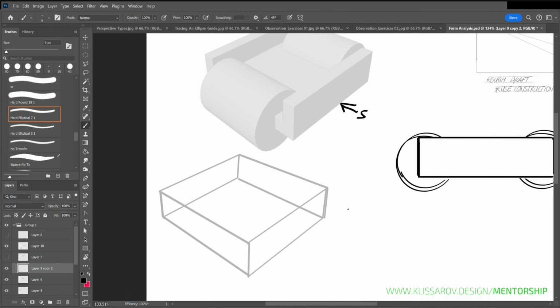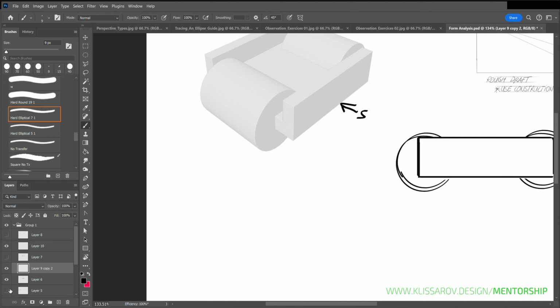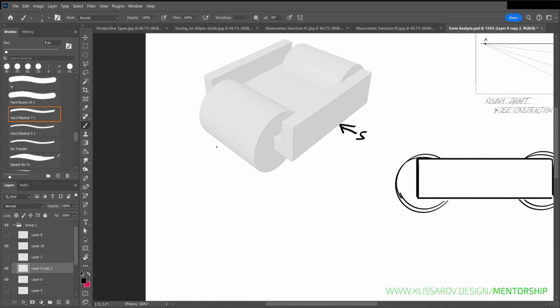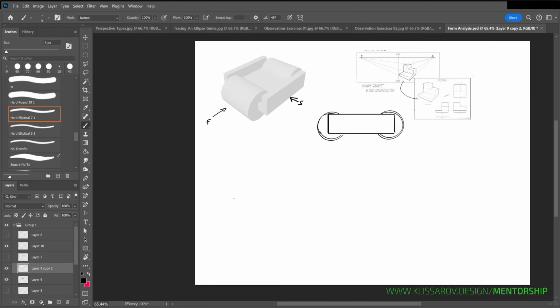Another way to analyze the same shape is when we look at it through the front view.